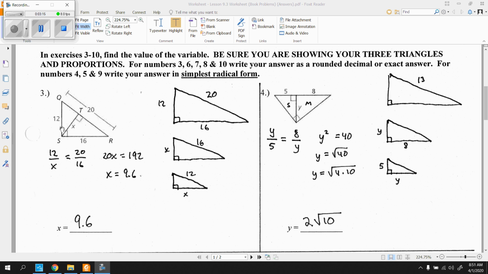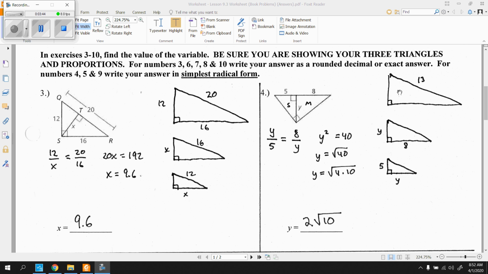I did put the information for the small triangle on, but in the end, you pick two of the triangles where you have matching corresponding information. So you can follow my work, I matched the 12 with the X, the same way that 20 corresponds with this 16 here, the hypotenuse and the hypotenuse. And that's how I set up my proportion. That's the process there.